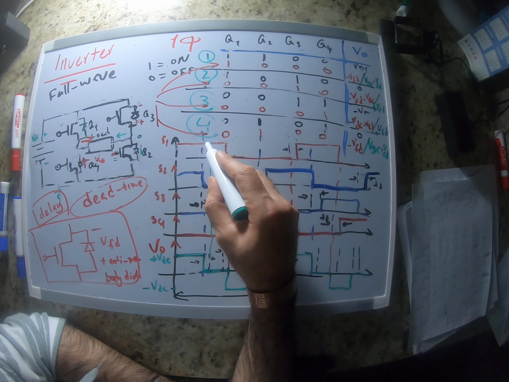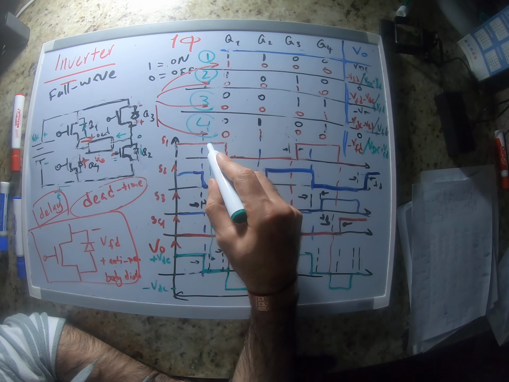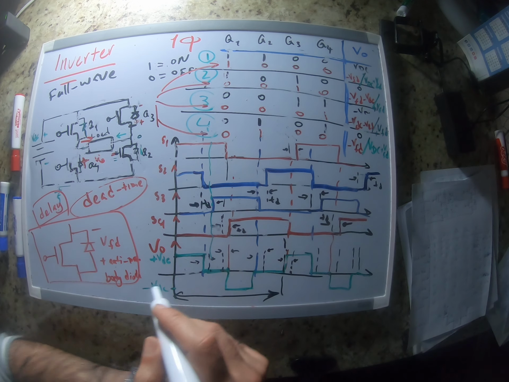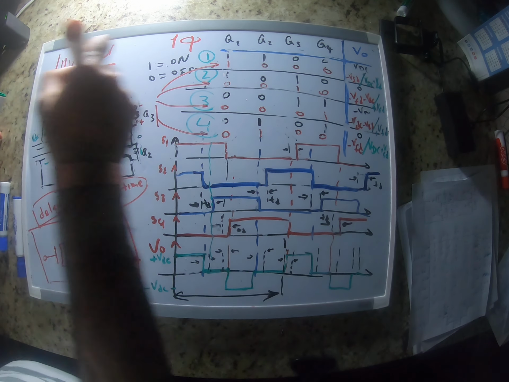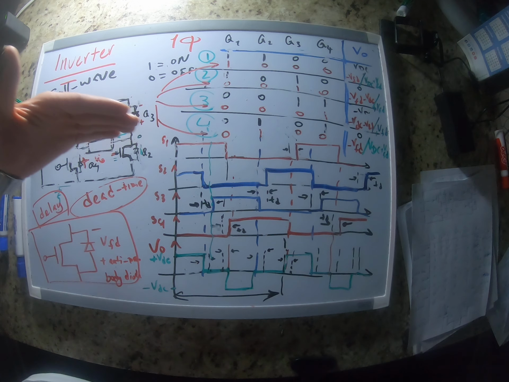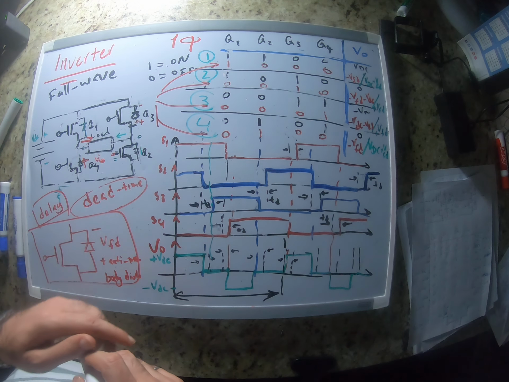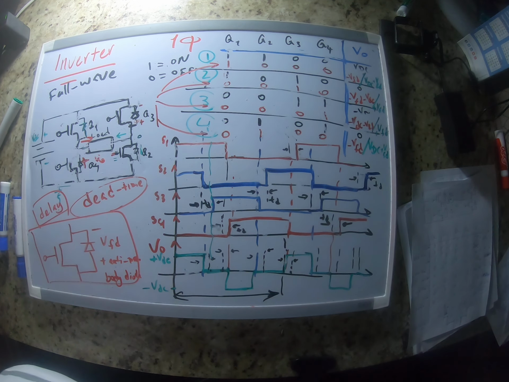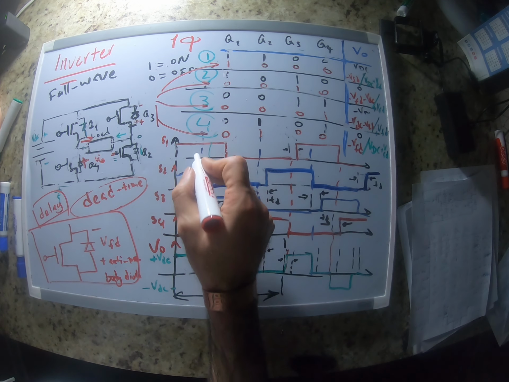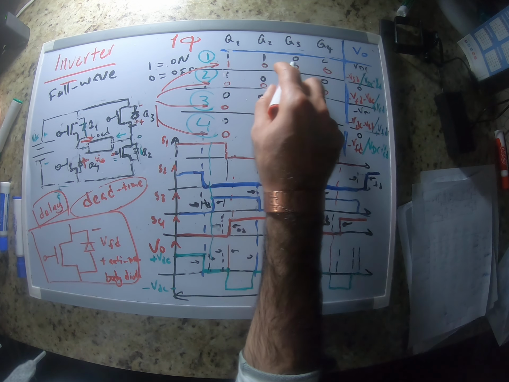Only switch 1 is on, right? I'm only gonna do the red ones. Okay, so I assume that the direction of the current is always this way. You can just do the green ones later yourself.